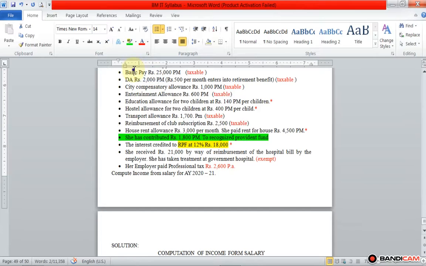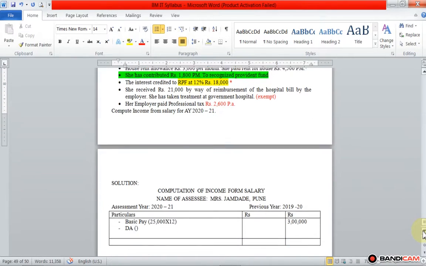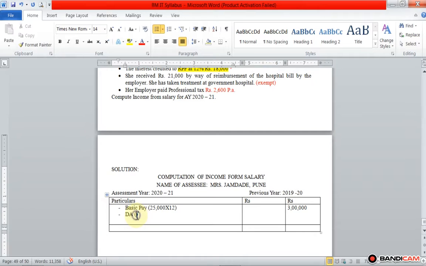Here basic salary is taken into consideration. Then DA is rupees 2,000 per month, so we convert this DA into the whole year: 2,000 multiplied by 12 gives the amount of DA for the year, that is 24,000.